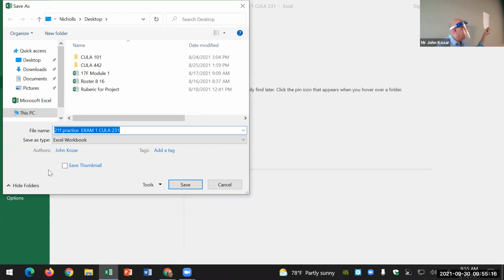You can type it, or if you can write smaller than your computer can print, you can handwrite it. As long as you understand what you have on it, you can bring that in here. You need to have a calculator to take the exam. I don't let you use cell phones to take the exam. So get a cheap calculator, and remember to bring it.